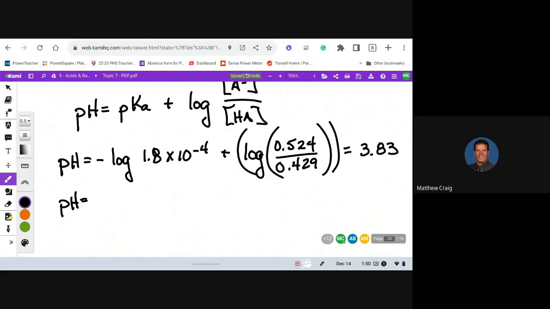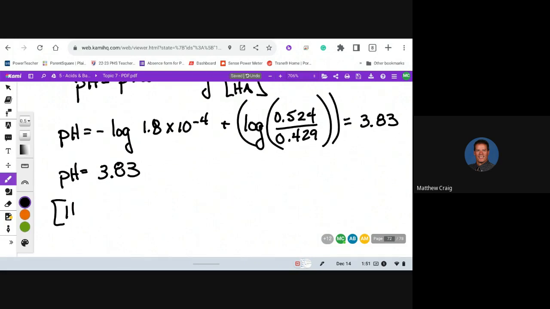And then to find the concentration, I believe it's asking for, take the anti-log of negative 3.83. I like it.